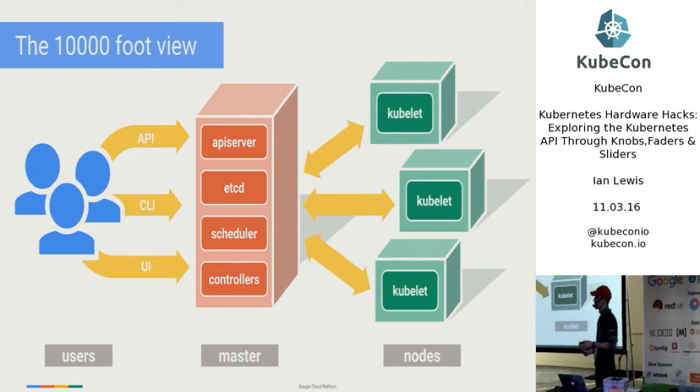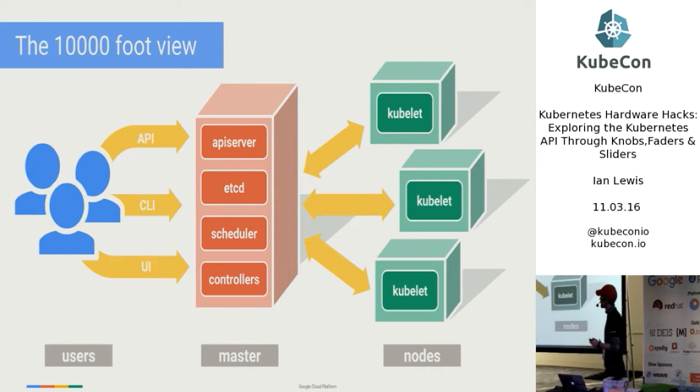But how would you actually do something like that? How would you build a dashboard or something that would show you what's going on in your cluster? To do that, I'm going to step back a little bit and talk about a high-level overview of Kubernetes and how you interact with it. Kubernetes has a master, as many of you probably know, and has nodes that actually run the containers.